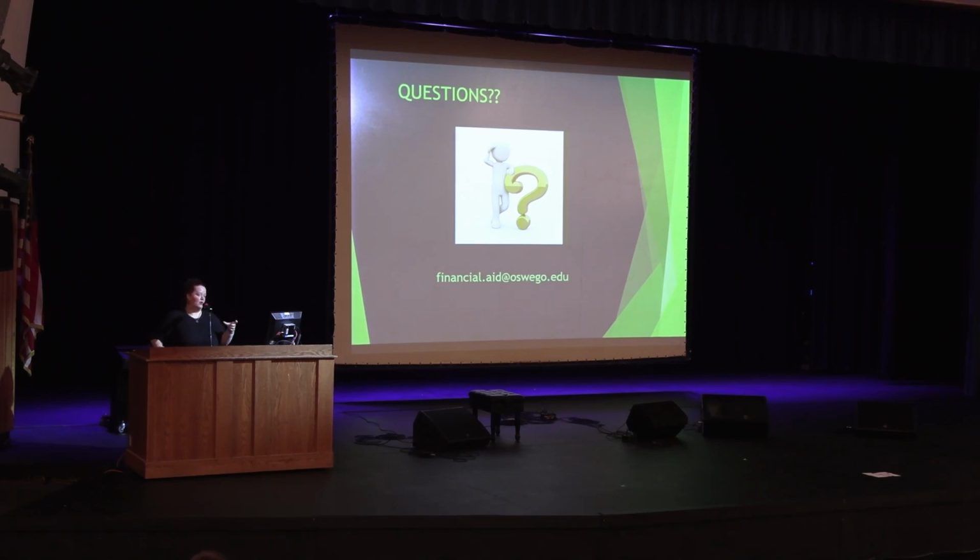As far as deadlines, the only thing that has a set deadline that you could miss is the Excelsior. For the FAFSA and the TAP, it's the end of the school year that the aid is for. And if you're applying for scholarships, that will be specific to different scholarships.